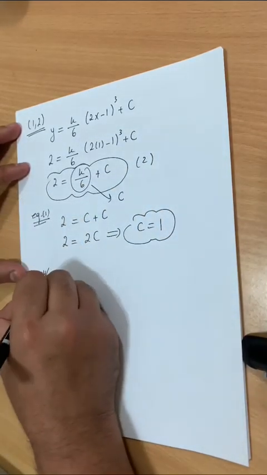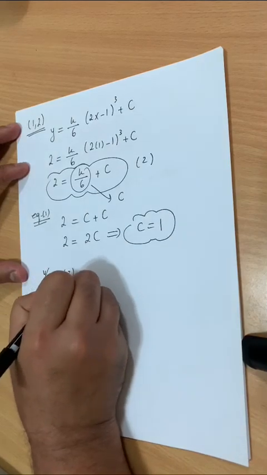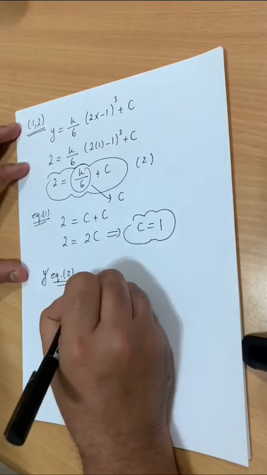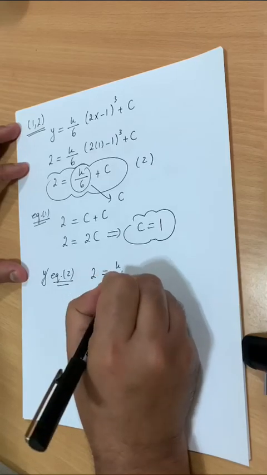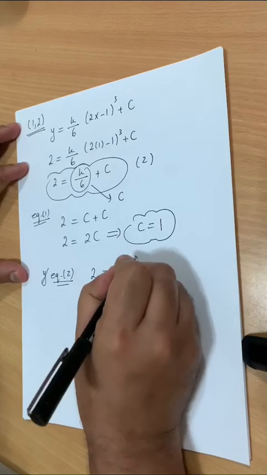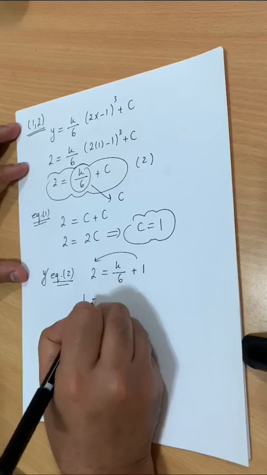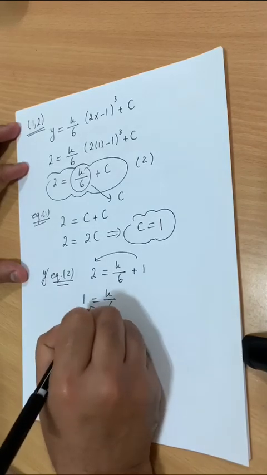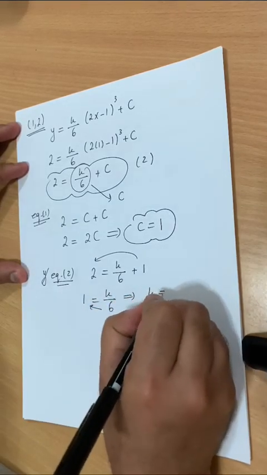So I'll use that in equation 2 or equation 1, it's up to you. So 2 equals k over 6 plus 1. By moving 1 to the other side, 1 equals k over 6.